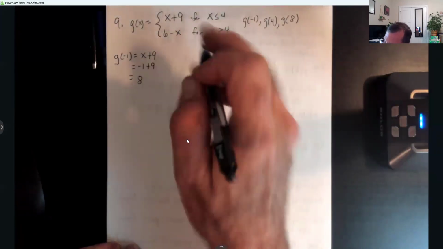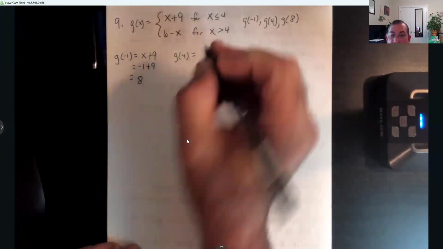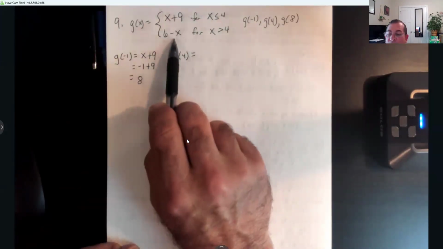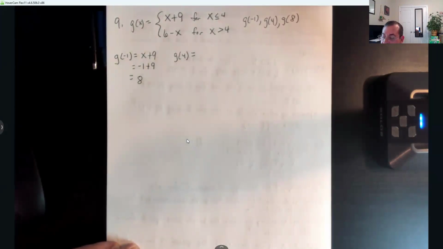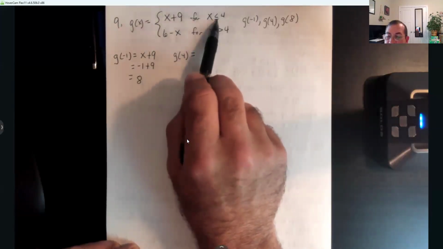All right, then they want us to find g of 4. So the question is, will I use the x plus 9 or will I use the 6 minus x to find g of 4? Yep, looks like the x plus 9 again because of that equals.